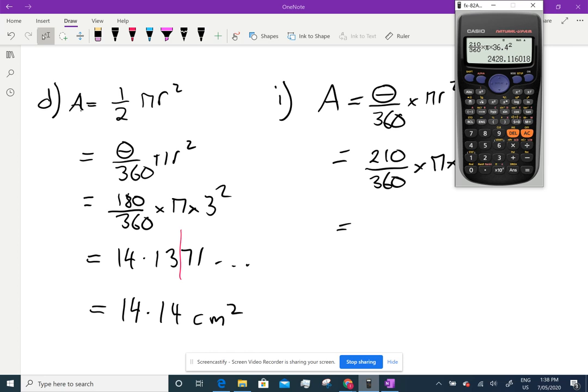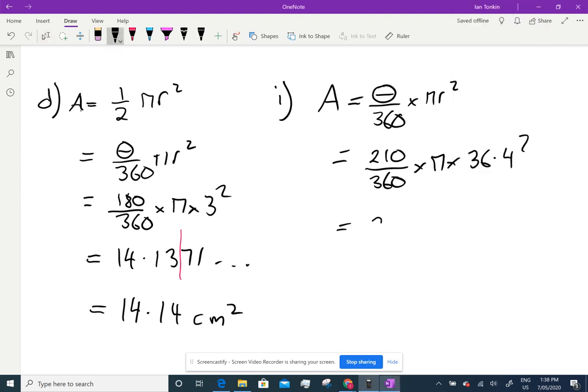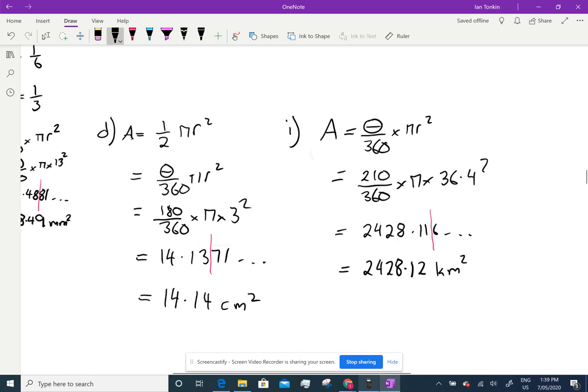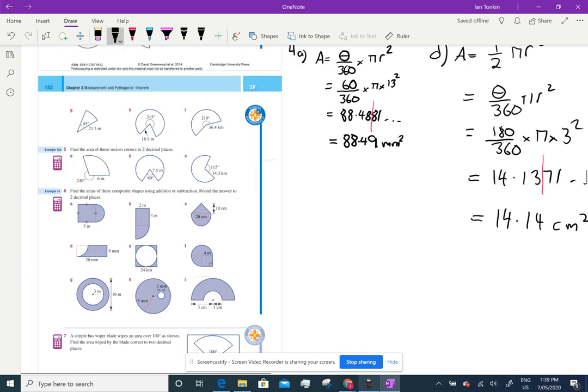And there we go. 2428.116 dot dot dot. We're going to 2 decimal places. 2428.1, is the number behind 5 or more? Yes. Put a 2 there. What units are we in? Kilometres squares. So that's the area of the sector.